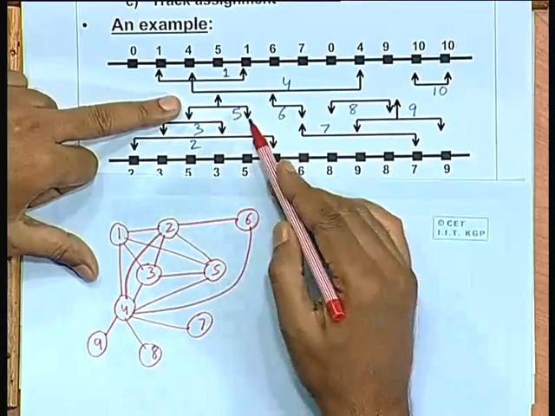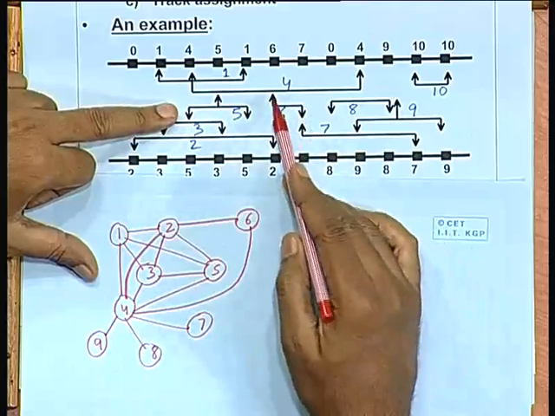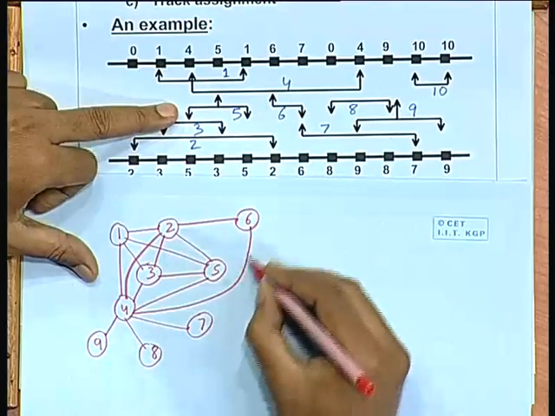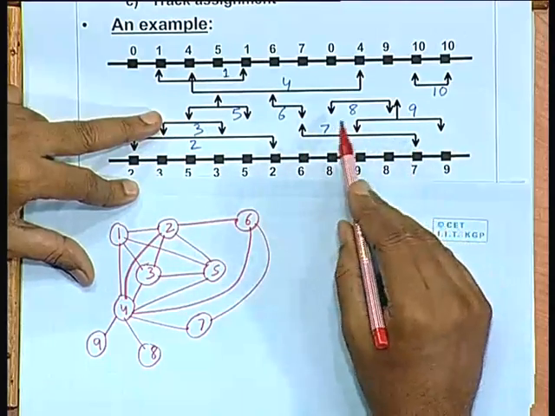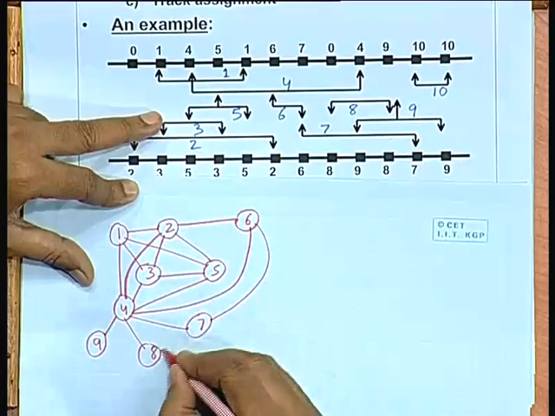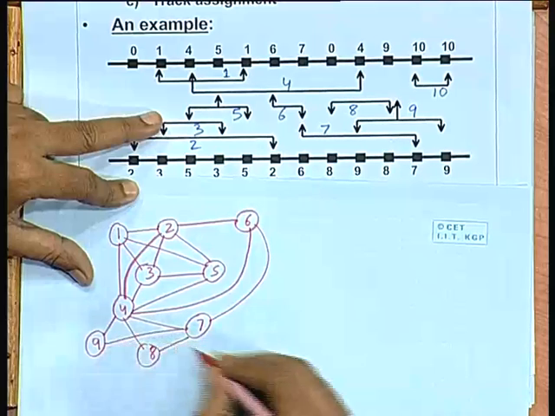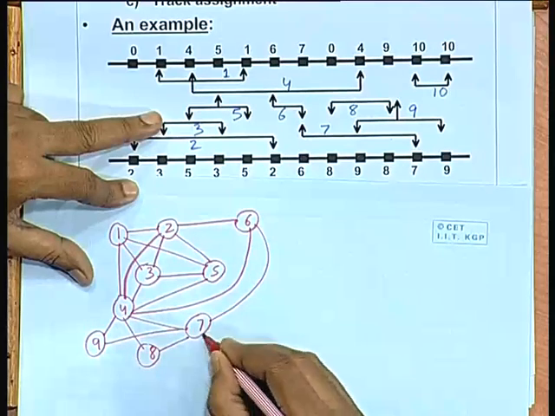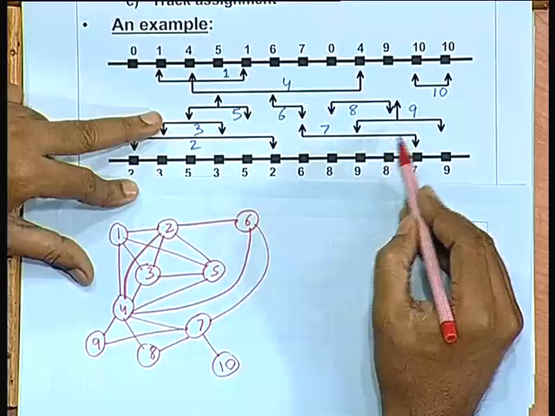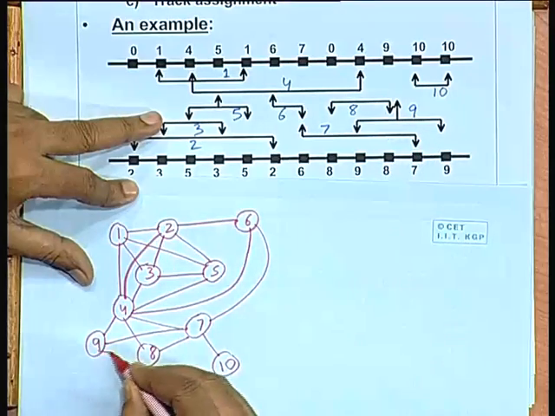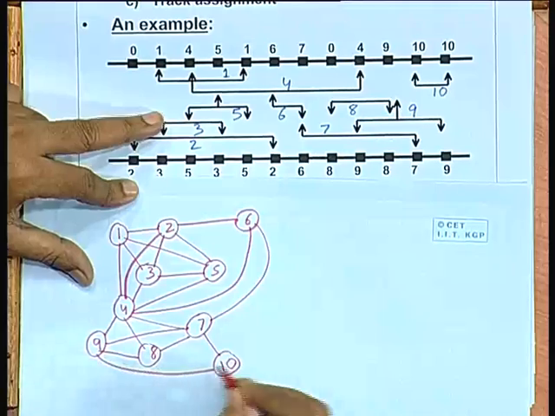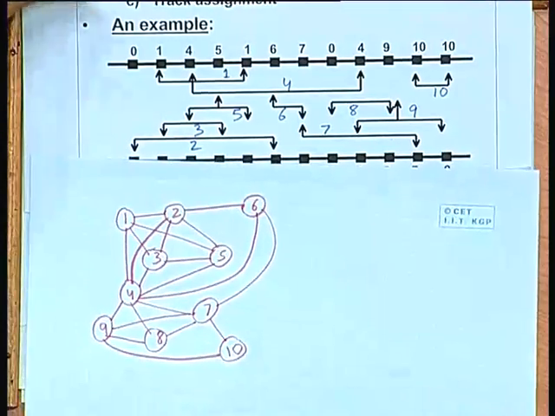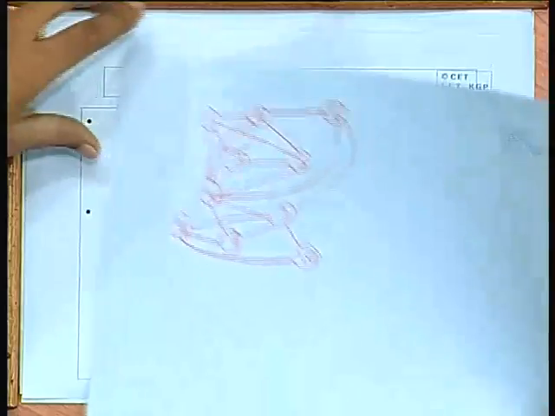Similarly, 5 we have already taken, 6 will be having an edge with 7. 7 will be having an edge with 8, 9 and 10. 8 will be having with 9, not with 10, 8 and 9 and 9 and 10. Okay, so, this is the horizontal constraint graph for the problem.